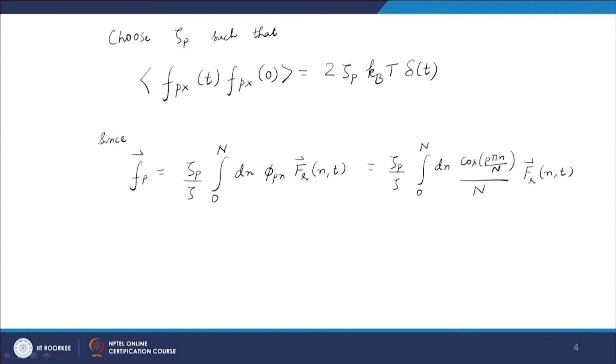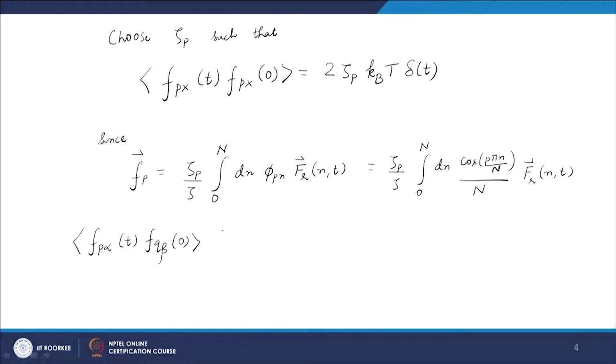like that. And therefore, if we are interested in something like f_p alpha(t) f_q beta(0), I am doing it in somewhat general terms. Ultimately, we want the f_p(t) f_p(0) autocorrelation, but we are doing it in general terms. Alpha and beta represent the coordinate directions and p and q represent the indices of the solutions that I am looking at, different values of p essentially.